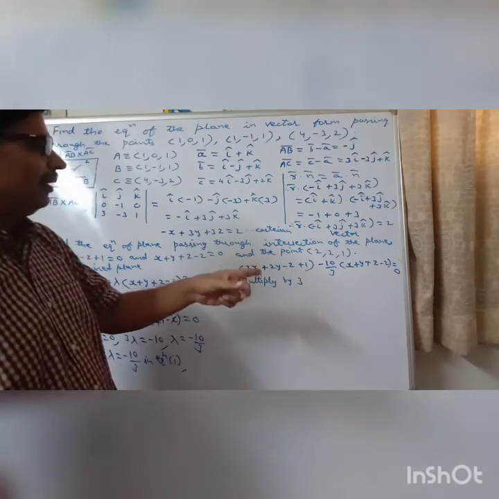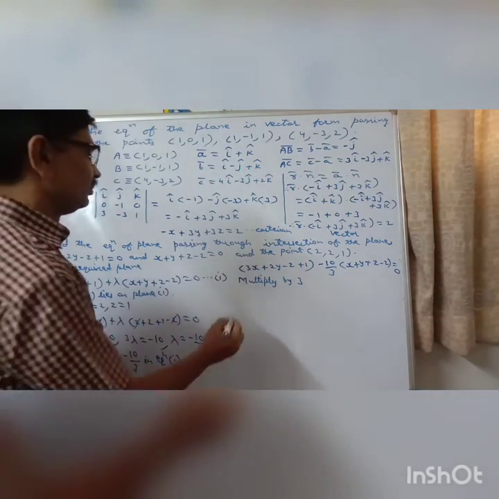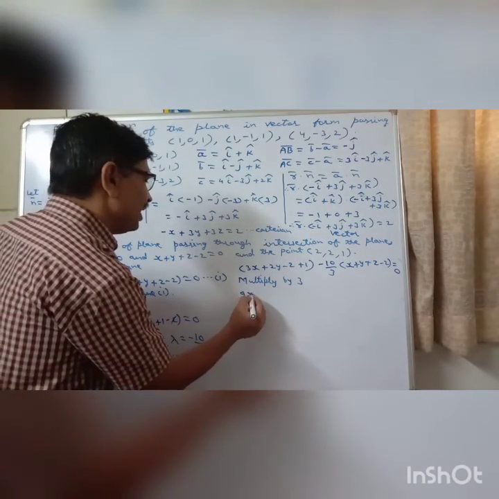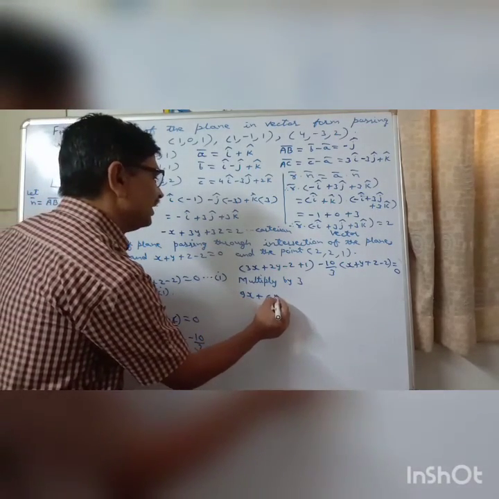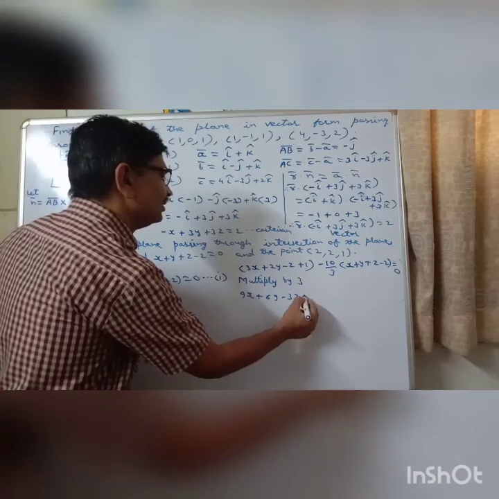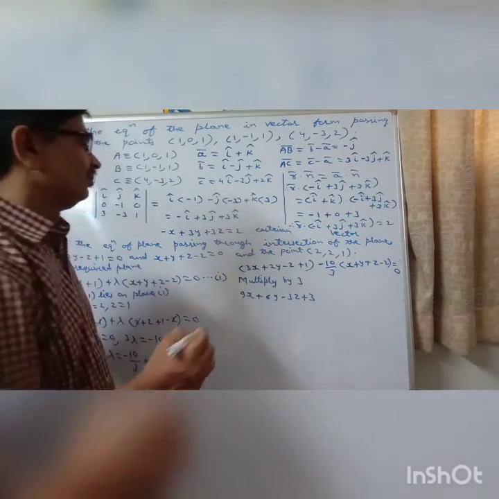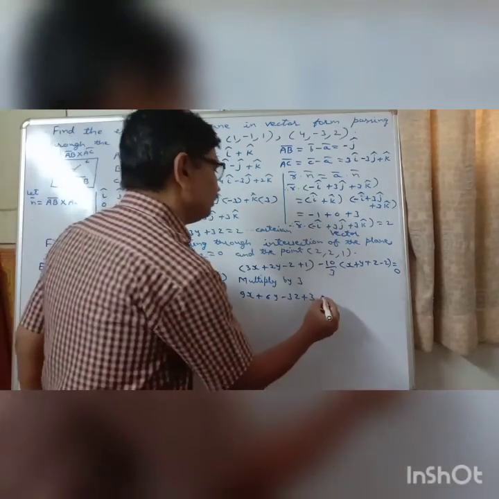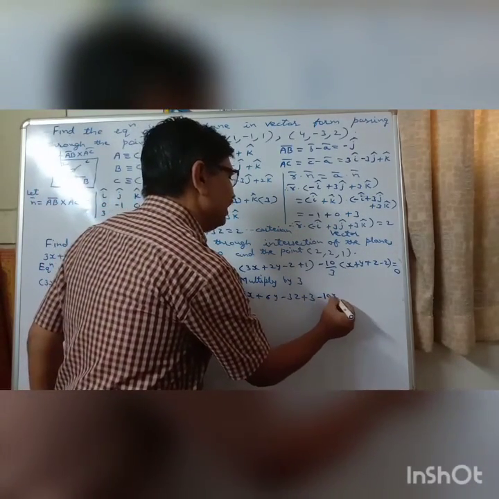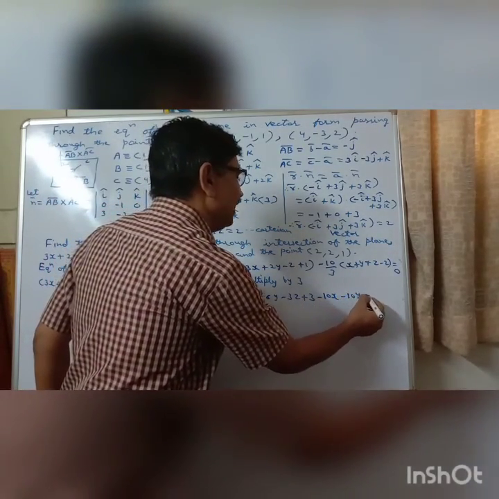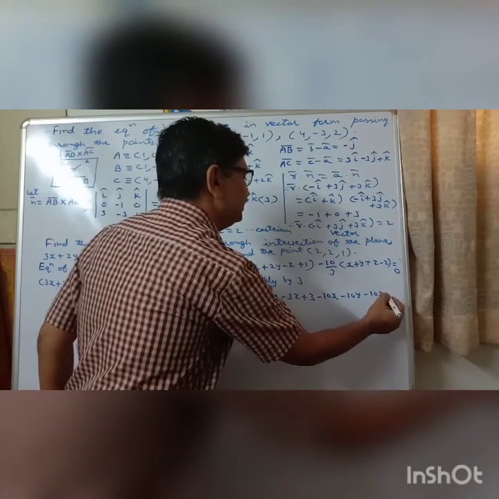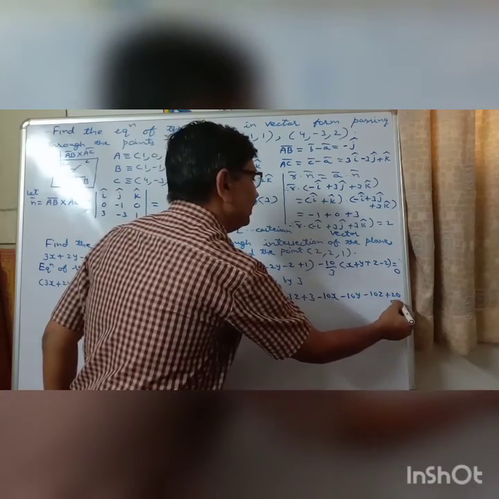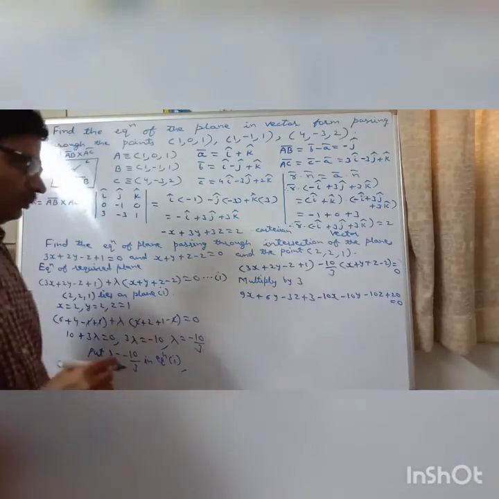Now multiply each term here. 3 3s are 9, 3 2s are 6, minus 3z plus 3. Open the bracket, multiply by minus 10. Minus 10x minus 10y minus 10z plus 20 is equal to 0.